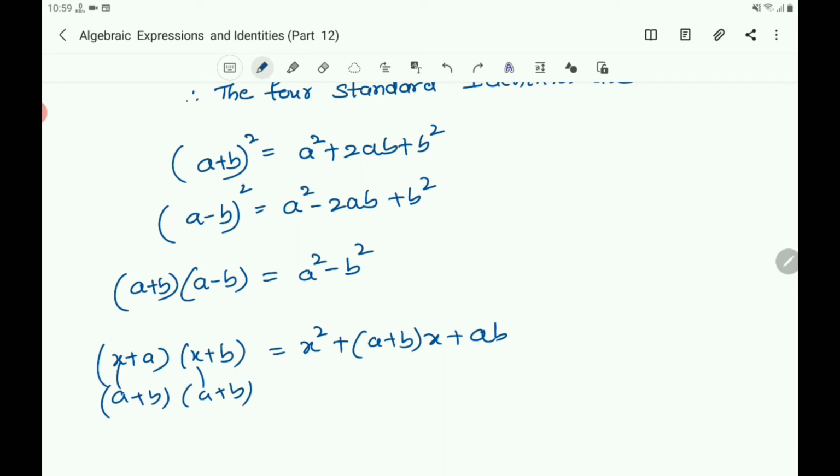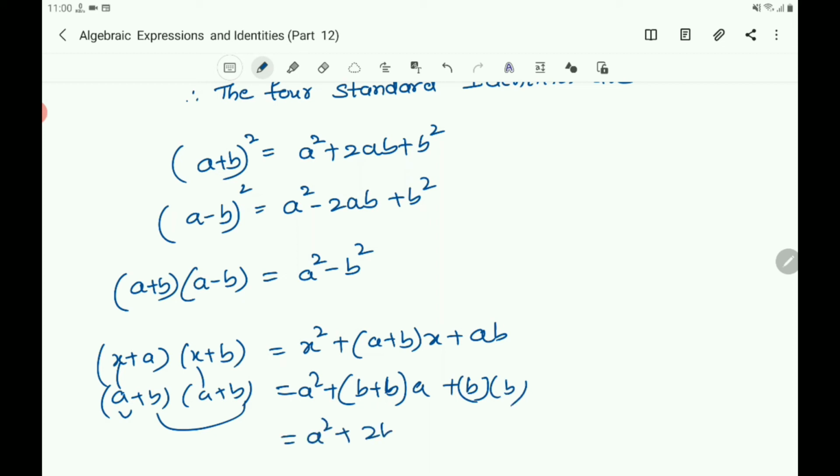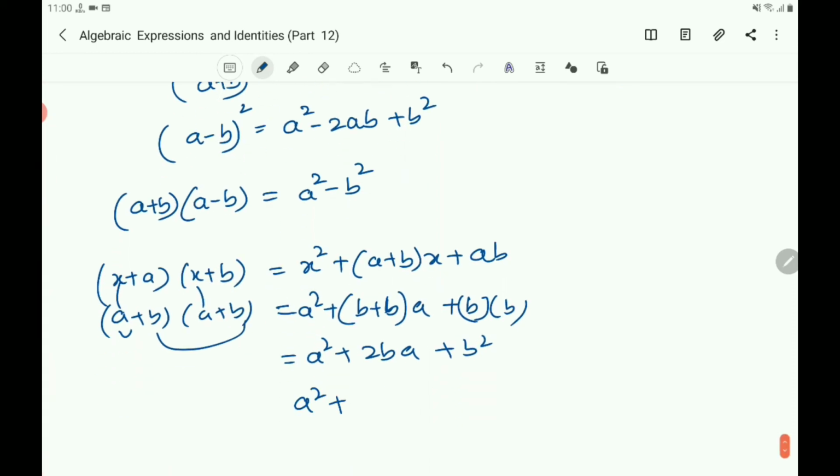So here you applied a square plus a plus b, means sum of these two, b plus b into first term a plus b into b, then you will get a square plus 2ba plus b square, then that is a square plus 2ab plus b square.